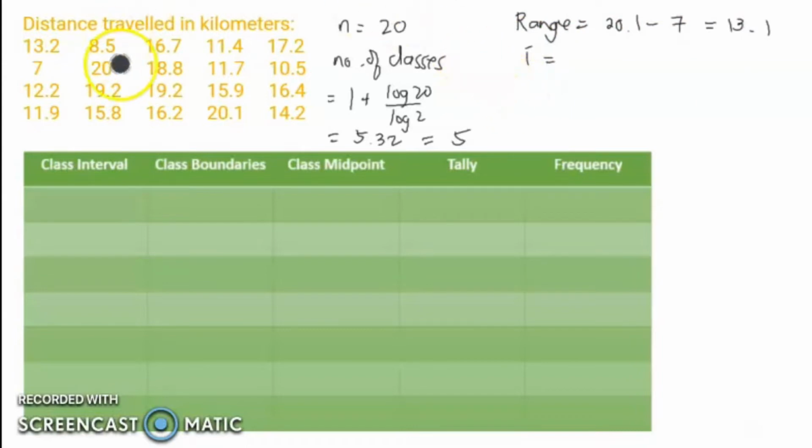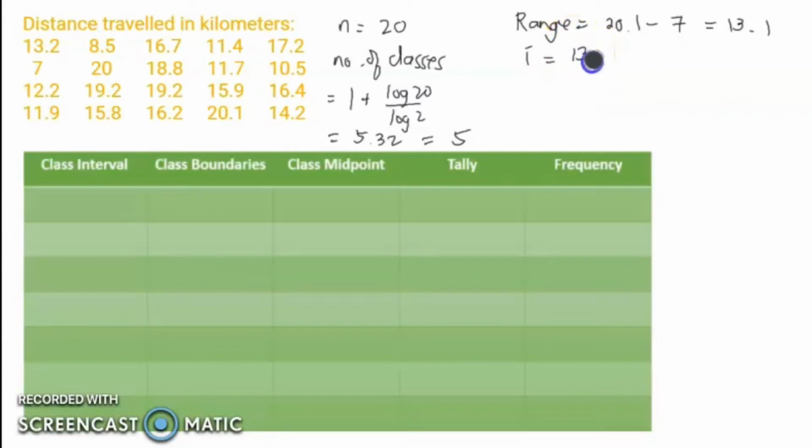Since we have one decimal here for our answer, when our answer has only one decimal, that is an exact answer, plus 1 to the classes. But if our answer has more than 1 decimal, it means we just round up for the class width. So, that's the range over the number of classes.